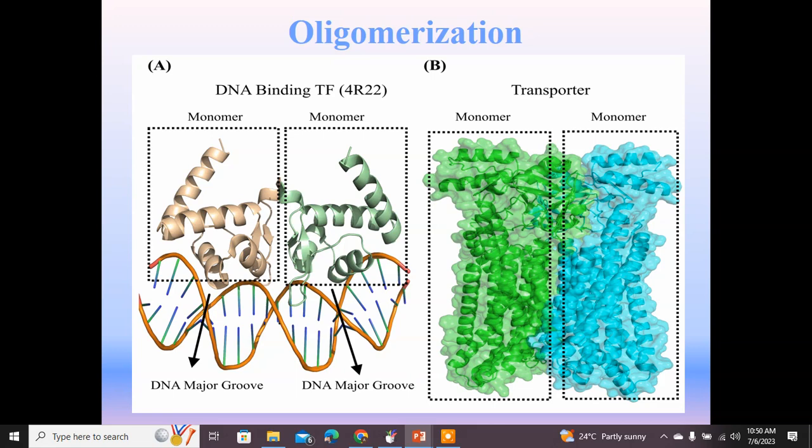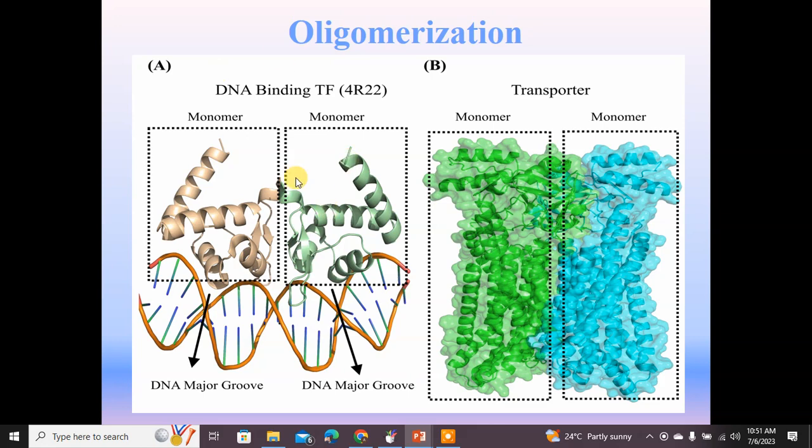For example, for certain functions, the protein may need three copies. In that case, we will call it a trimer. For example, the famous spike protein of the coronavirus, which attaches to the receptor ACE2 located in the human system, normally interacts with the ACE2 receptor as a trimer, recruiting three copies.